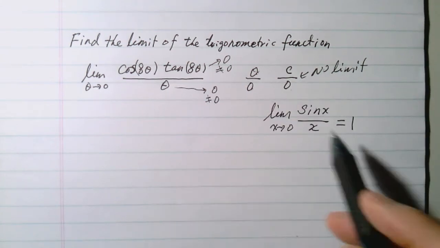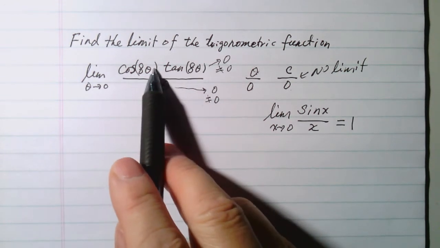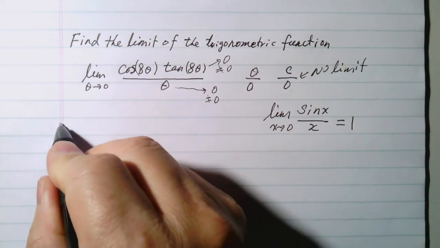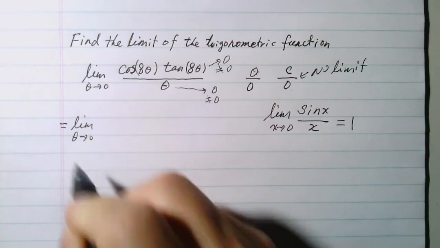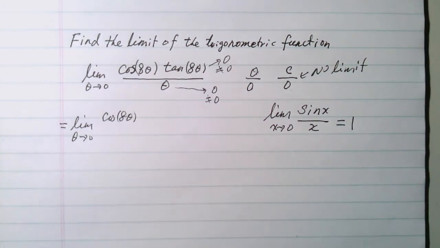Based on this formula, first we try to see how I can get a formula like this here. So I'm going to use a trig identity. Here I have cosine 8 theta, and I just keep the cosine 8 theta.